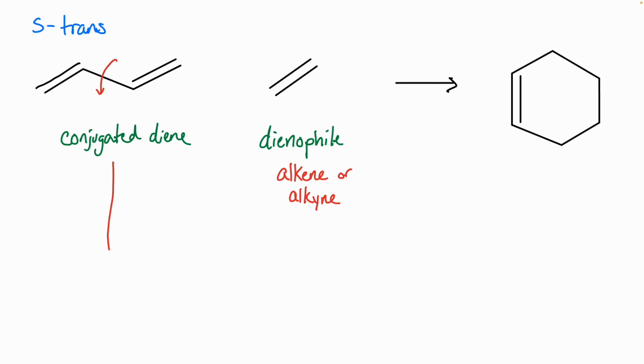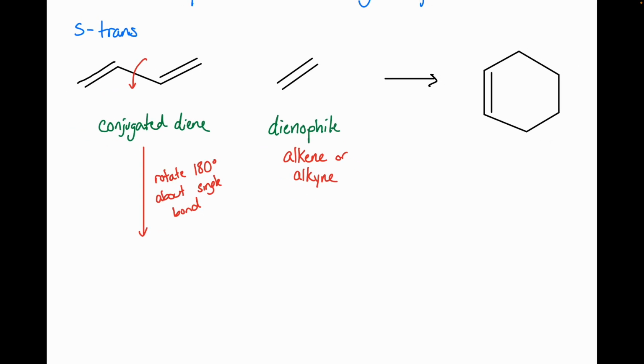Okay? So what we're going to do in order to see our products more clearly is to rotate 180 degrees about that single bond. And this will put our conjugated diene in what's called the S-cis conformation, where now both of those double bonds are pointed in the same direction.